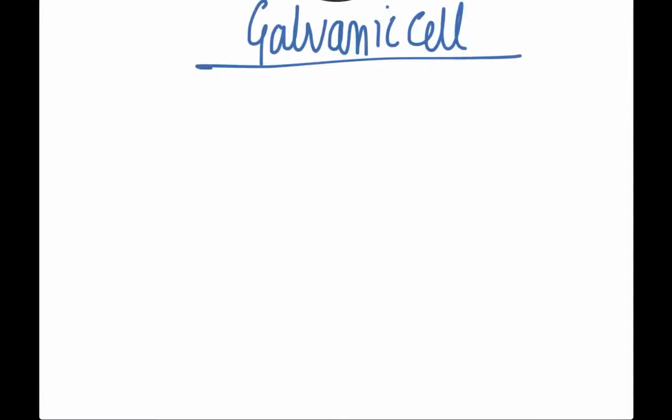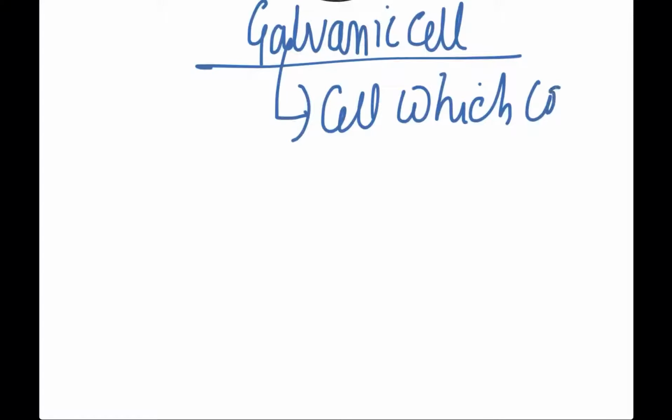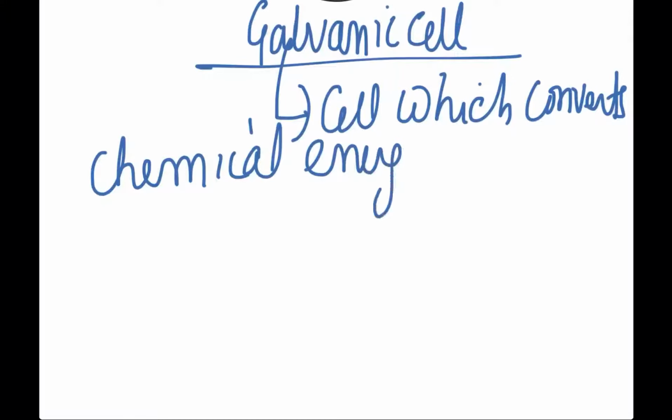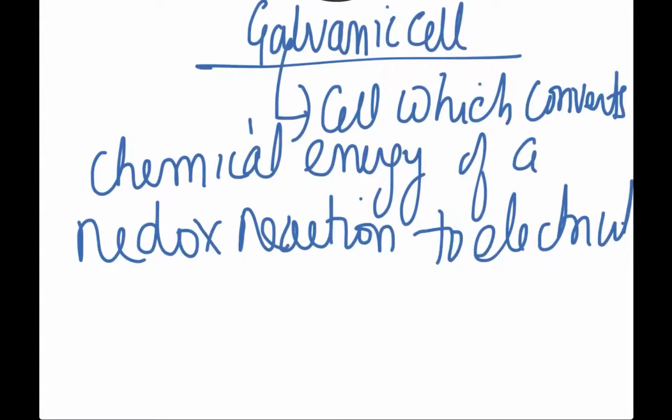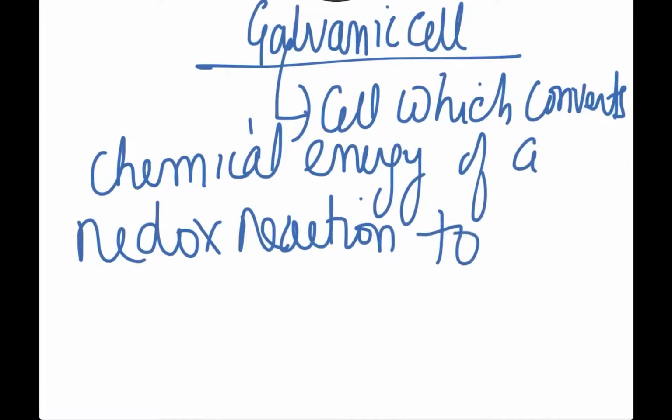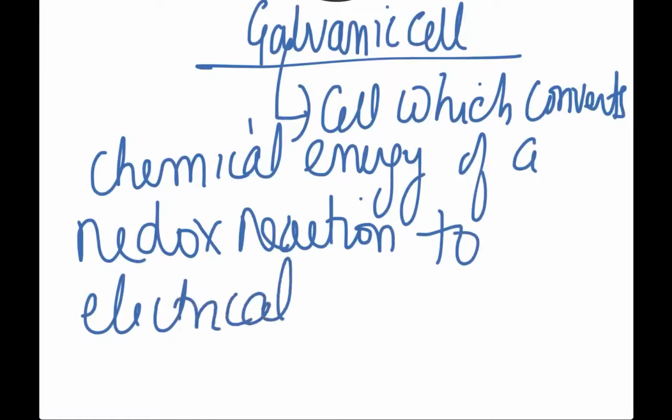Now a galvanic cell is actually a cell. You all know what a cell is, an electronic device, an electrical application, the cell which converts chemical energy of a redox reaction to electricity or electrical energy.